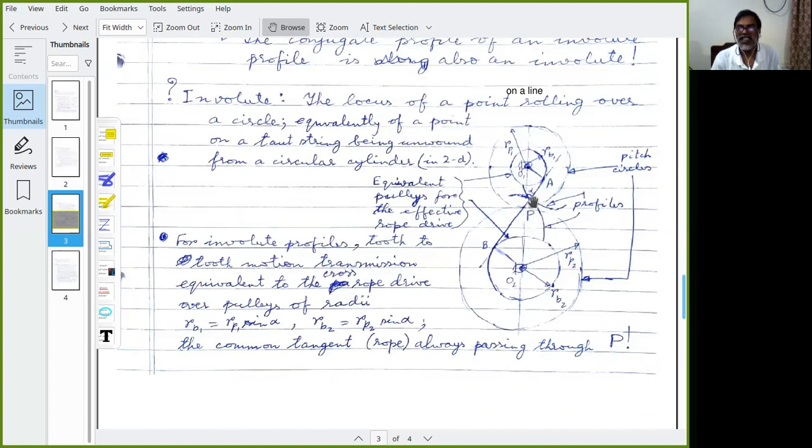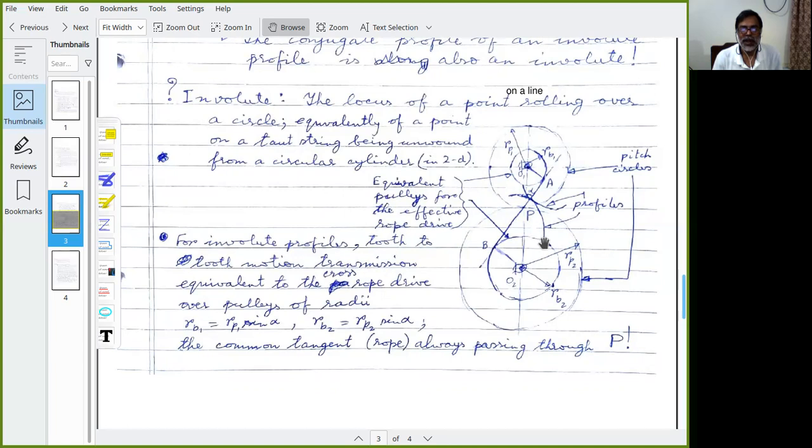And from here you see that relative to this wheel, the point on the rope would essentially traverse over an involute. Similarly, on this also it would be an involute.